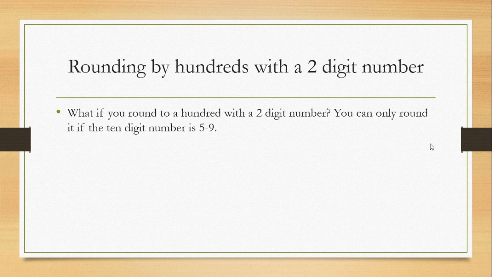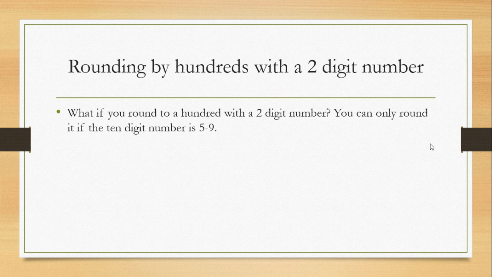Rounding by hundreds with a 2-digit number. What if you round to 100 with a 2-digit number? You can only round up if the tens digit is 5 to 9. Example, 50.